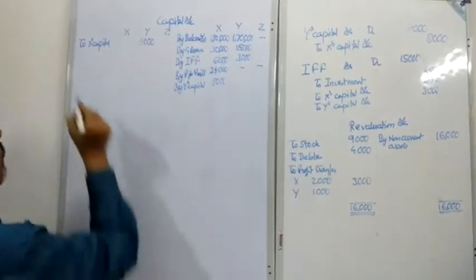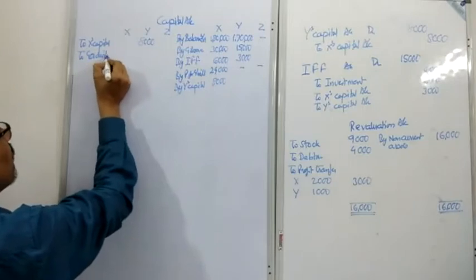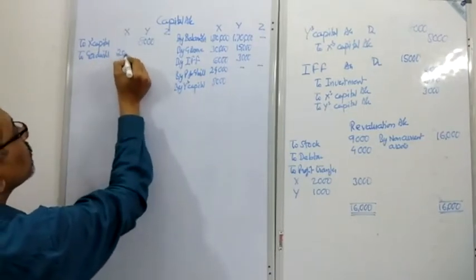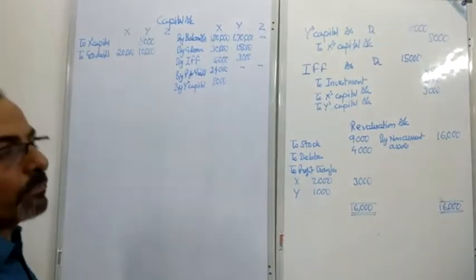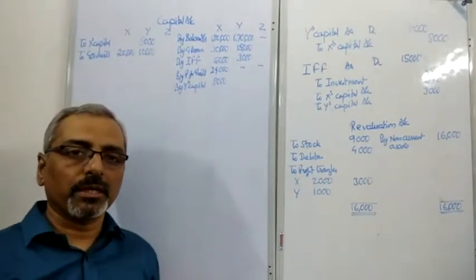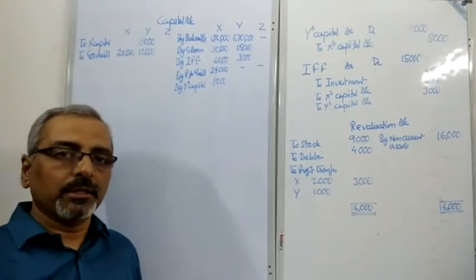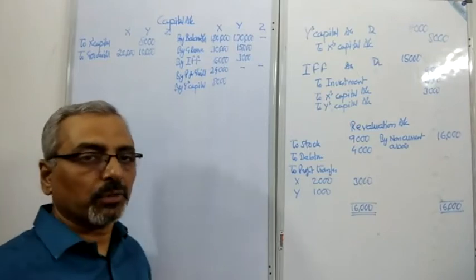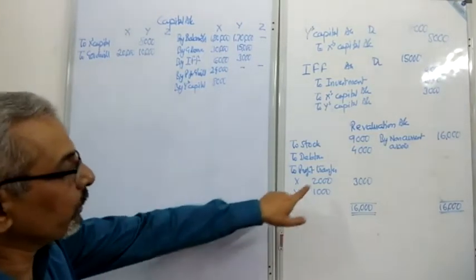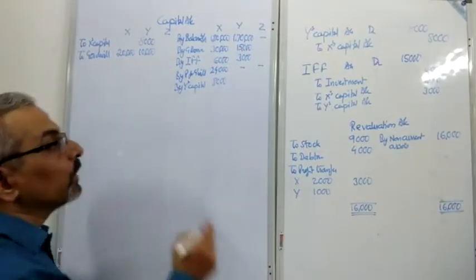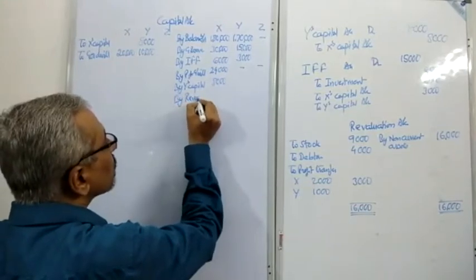Apart from that, if you remember, there was a goodwill also, and the value of goodwill was 30,000, which will be written 20,000 and 10,000 in the X and Y's account, because they are the old partners, and only old partners will get the benefit of anything which is there in the balance sheet. Okay, now apart from that, we can see that there is a profit on revaluation of 3,000, which will be posted over here by revaluation.